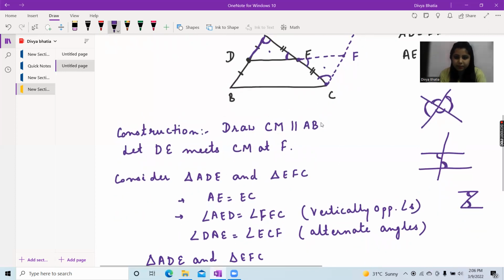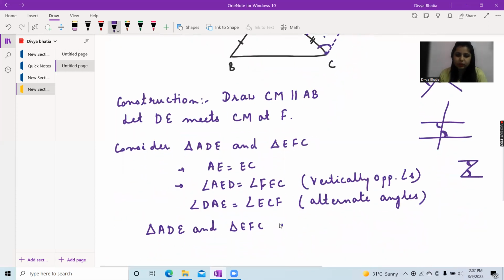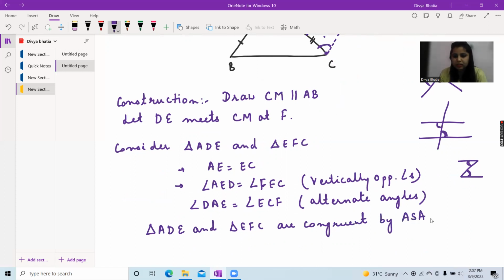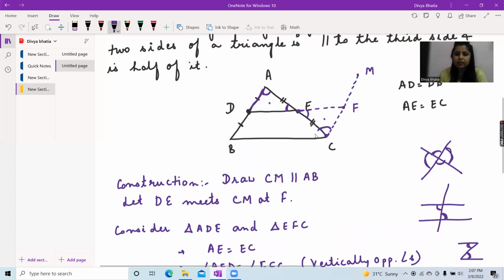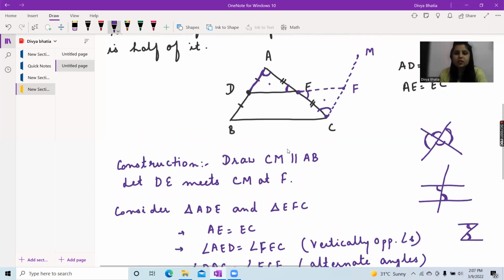So I can say these are congruent by AAS. Two angles and one side. Right? So now when the two triangles are congruent, their corresponding parts are equal. We say CPCT, corresponding parts of congruent triangles.